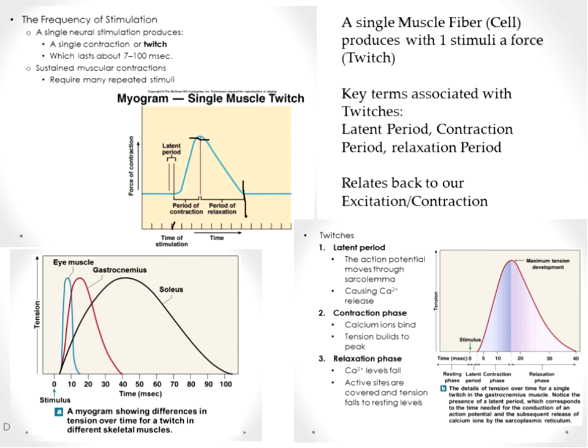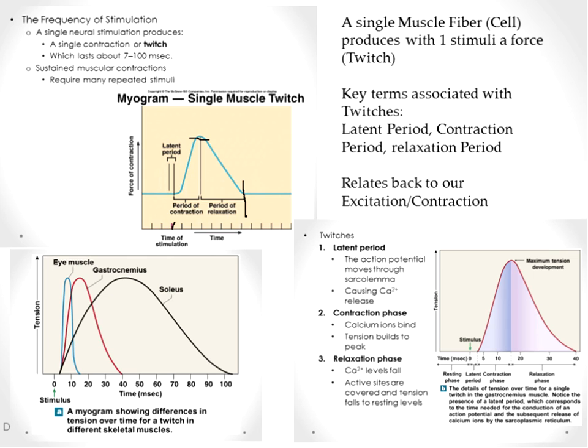But because muscles have different amounts of time that they spend twitching, some muscles are going to be fast twitch. If we look at the eye muscle, the latent period is the same for all three muscles: the eye, the gastrocnemius of the calf, and the soleus of the calf. Always 0.2. That's the amount of time the electricity takes to get from pushing the button to the muscle fiber's membrane, get calcium released, and calcium binds to troponin. Okay?